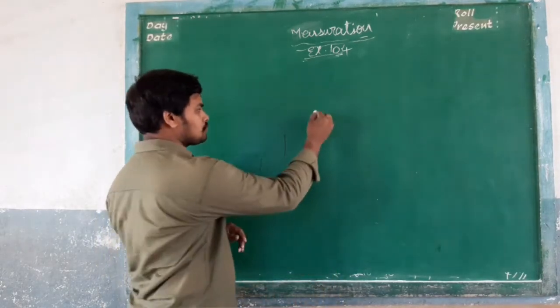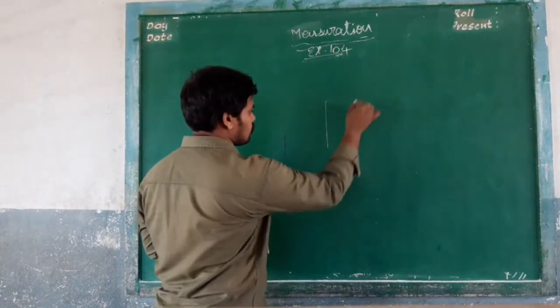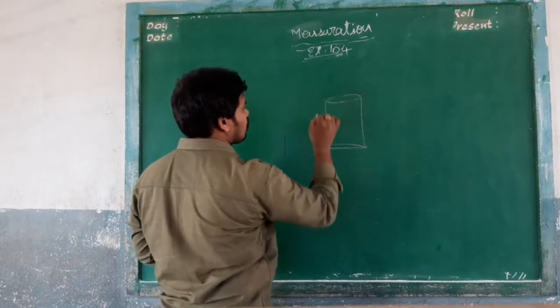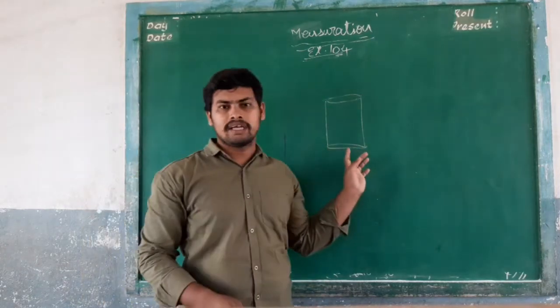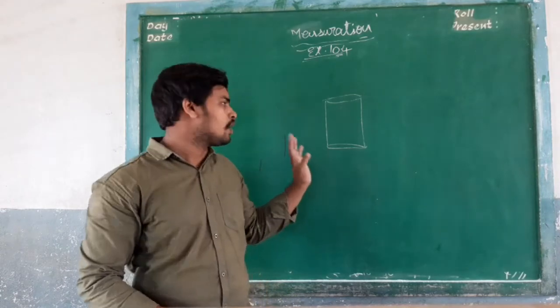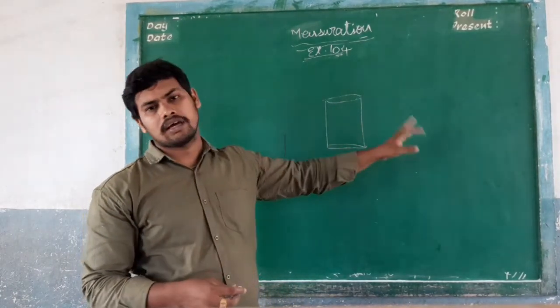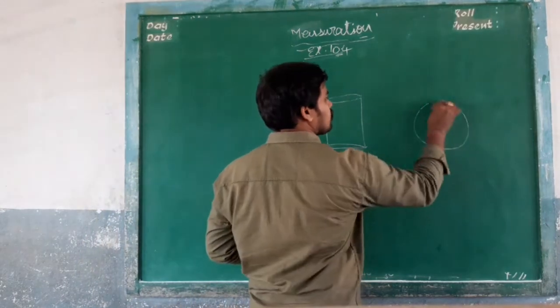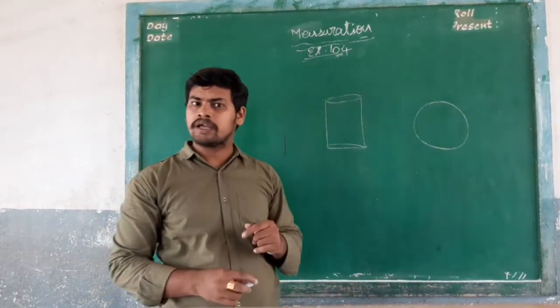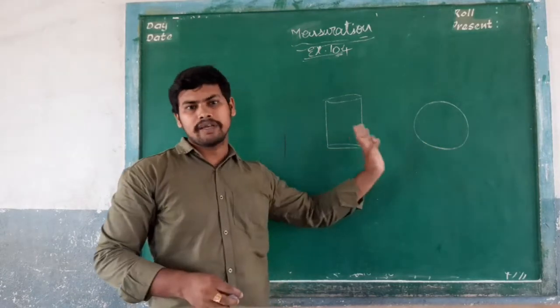Suppose one person makes a cylinder with clay, and he wants to reconstruct a sphere. Here their volumes must be equal.